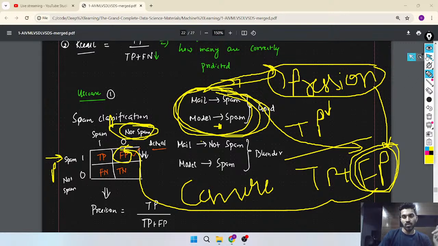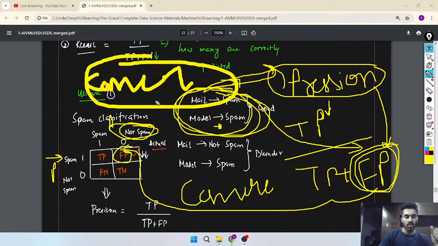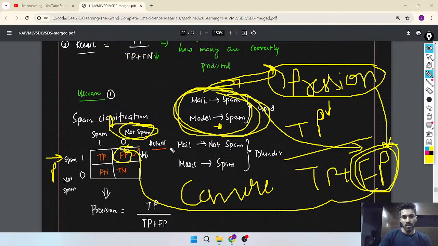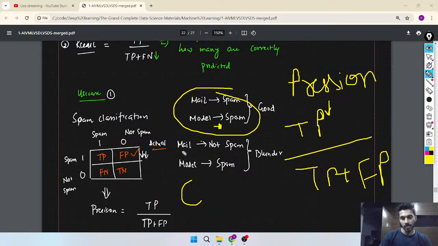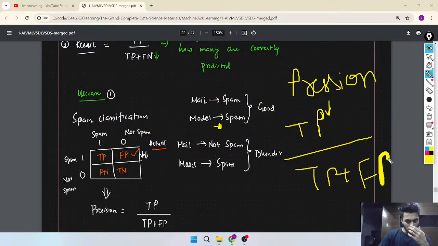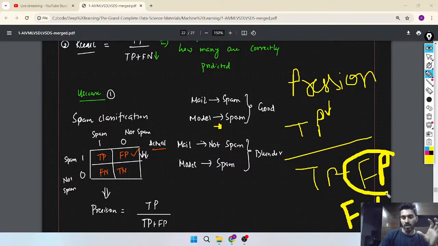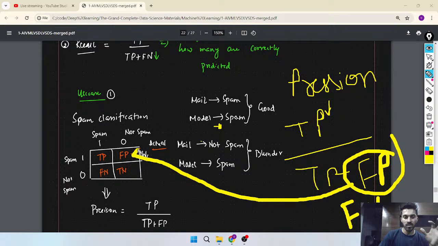Now suppose you are doing another problem, cancer detection. Again the question arises: what do I have to calculate? Is precision or recall important in this problem? Again you have to create a story like that. Is false positive or false negative important? First calculate false positive for cancer.